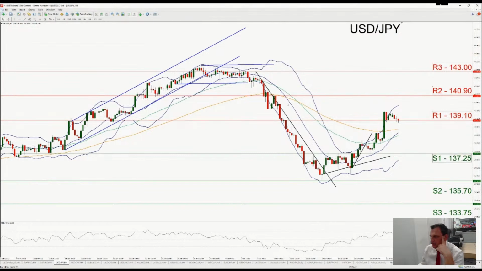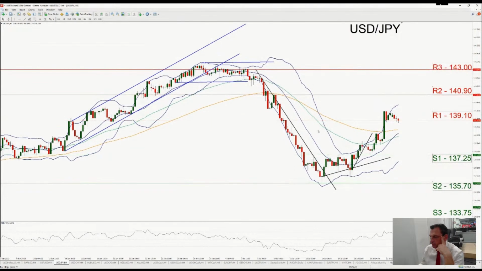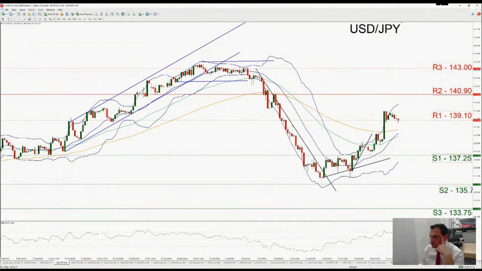You can see how the price action here tends to follow a more sideways motion over the past 24 trading hours. And that's if compared to Euro USD.